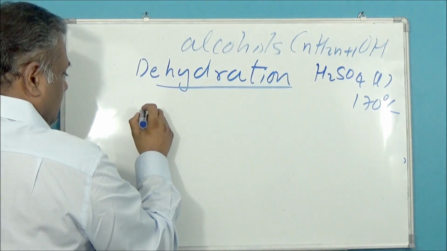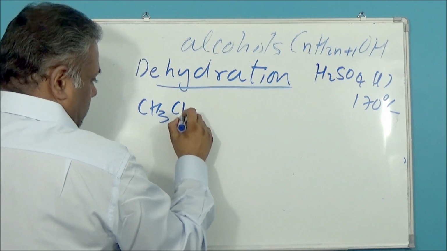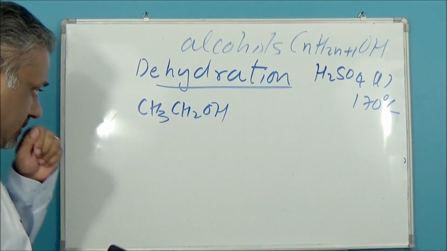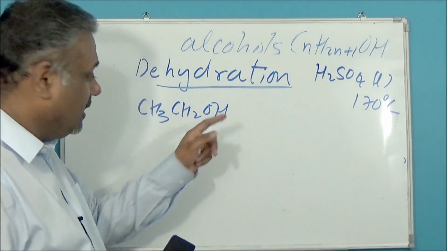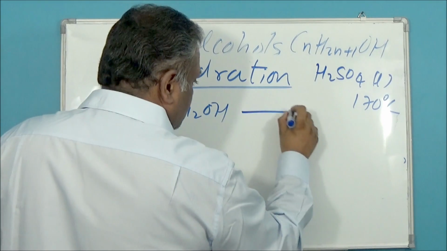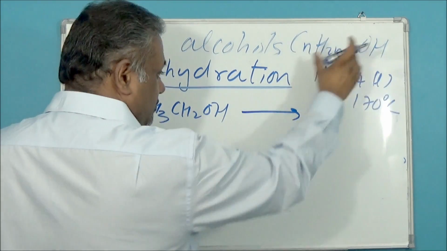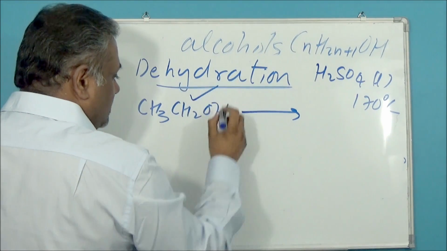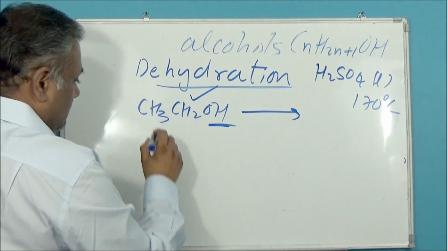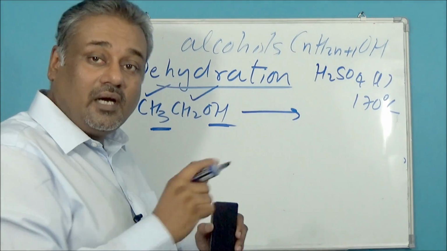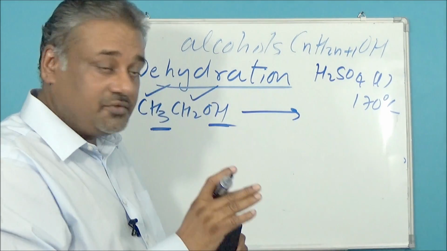Now for example, I have here ethanol. Let's say I react ethanol with this H2SO4 liquid at 170, this carbon here will lose the OH group. This carbon here will lose the H. Same carbon cannot lose H and OH.